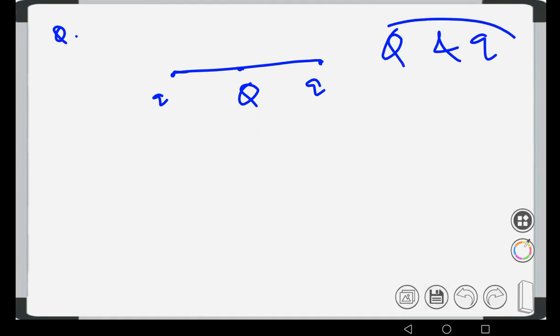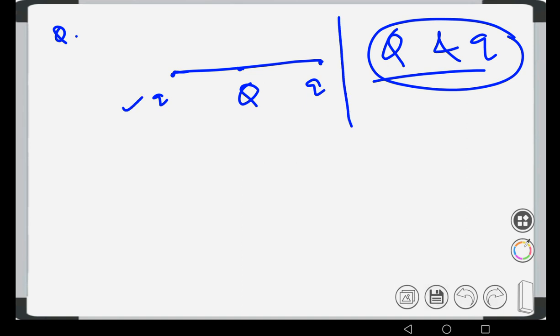See, again I am drawing the question: small q and capital Q. Now see, this is a very important question. One point must be clear here: we don't know the sign of capital Q and small q, because that is the kind of relation we want to establish.